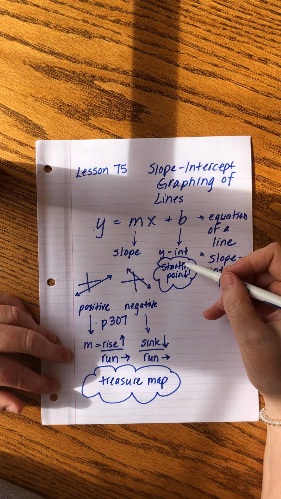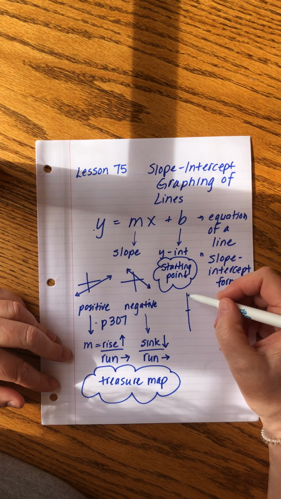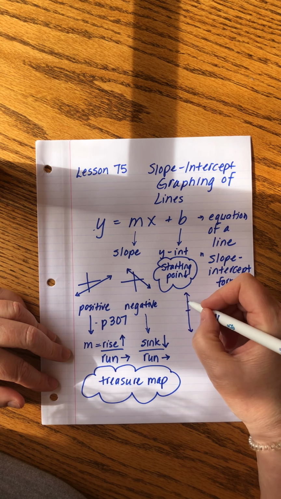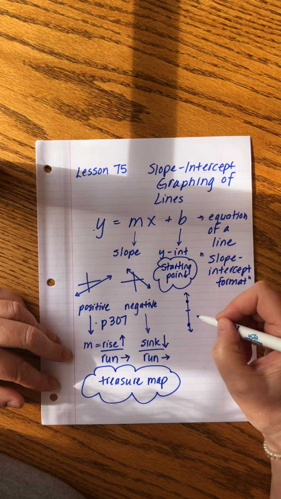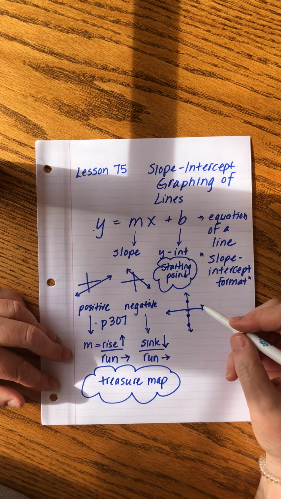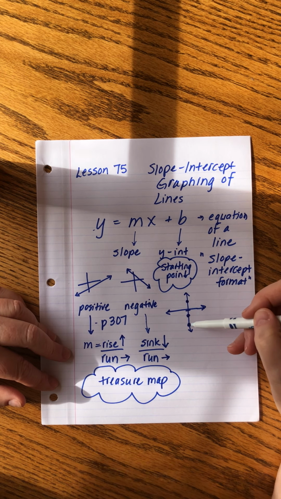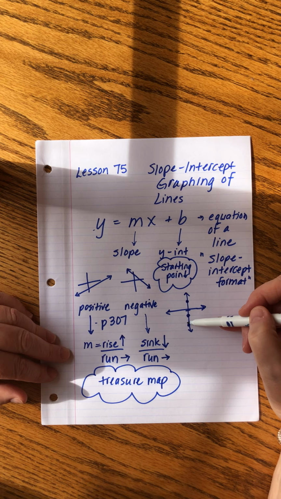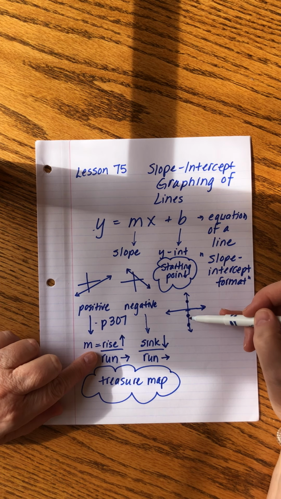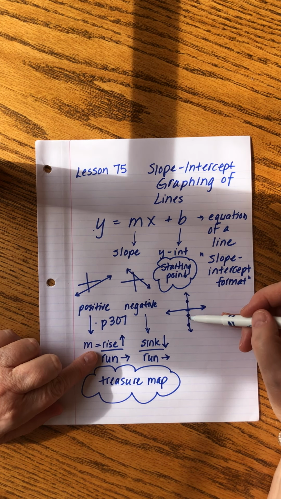Okay, so the y-intercept is a simple matter of going to the y-axis and plotting your point wherever it might be. Okay, there's the x-axis. So the y-intercept can be positive or negative. It's easy. You just find that point, and that's where you start from. Then if you have a positive slope, you count up and to the right. And if it's a negative slope, you count down and to the right.